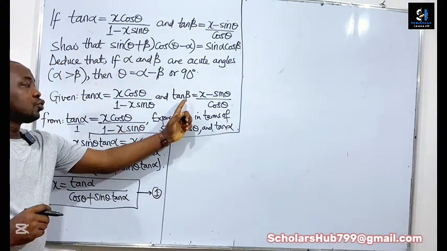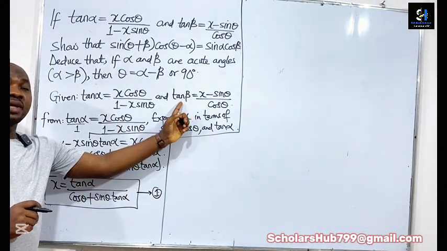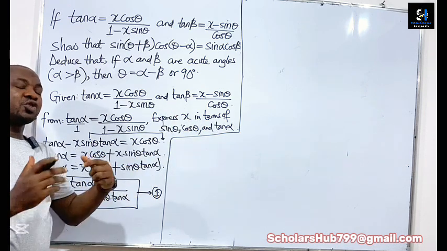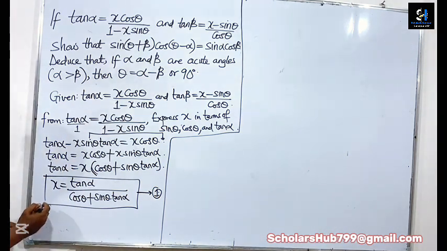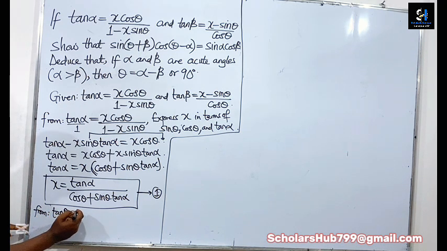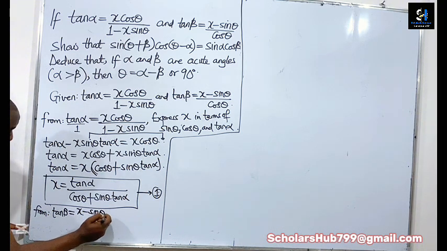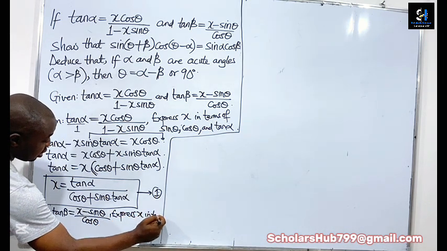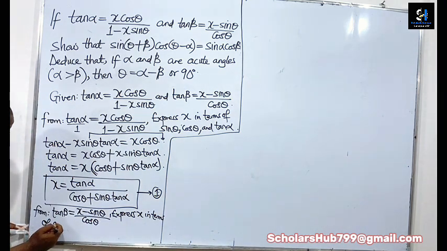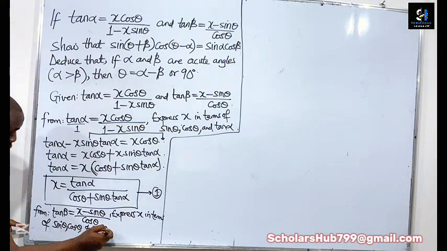Now I'm going to use the expression for tan beta to write an expression for x in terms of sin theta, cos theta, and tan beta. So from tan beta equals x minus sin theta divided by cos theta, I can also express x in terms of sin theta, cos theta, and tan beta.